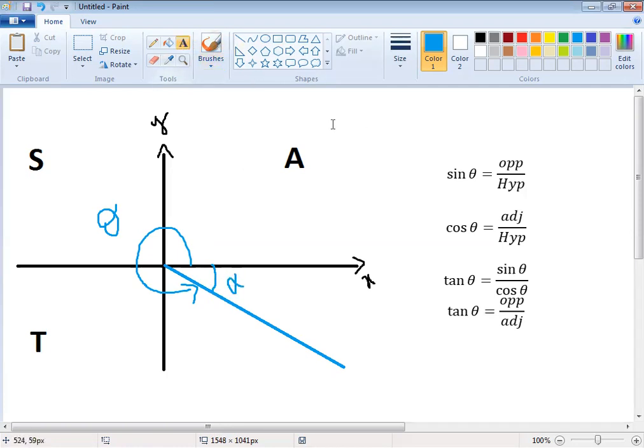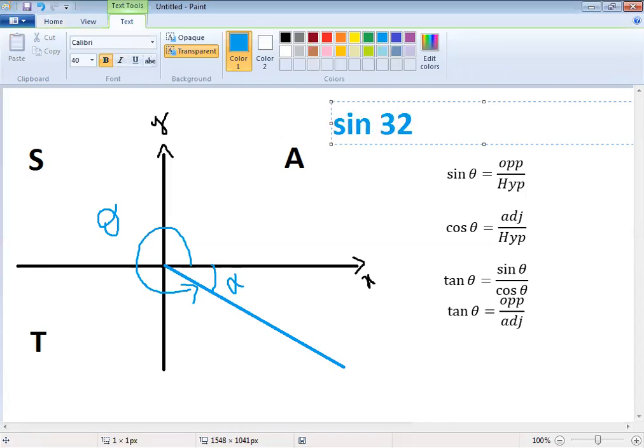Okay. So now you want to figure out sine 320. How do you do that? What is your acute angle with the x-axis? The entire cycle would have been completed, that would have been 360. 360 minus 320, what is your angle? 40.